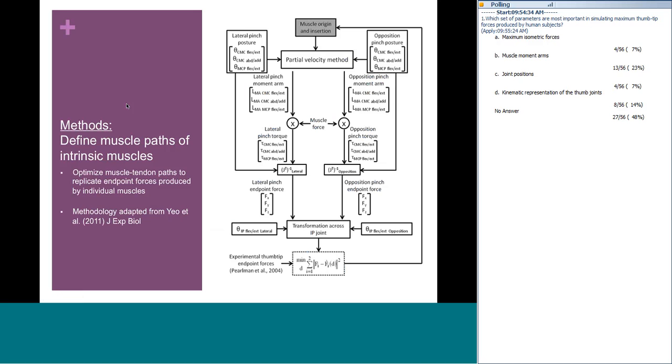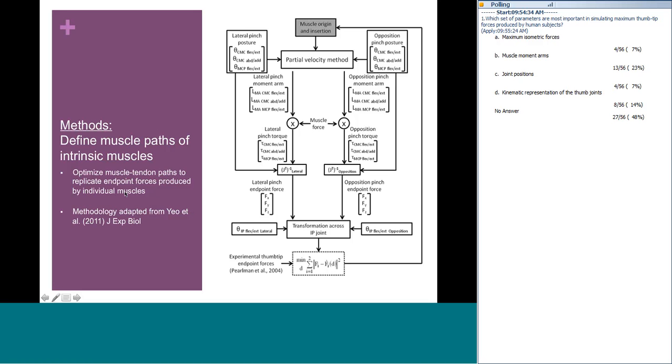And she used a really elegant optimization strategy, which is illustrated here in this flow chart. This optimization method for choosing muscle paths was developed in a collaborator's lab here at Northwestern, and it's referenced here in the Journal of Experimental Biology.